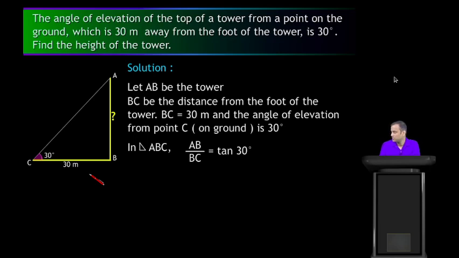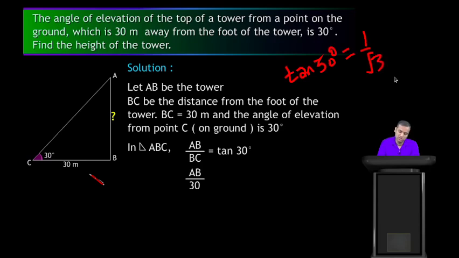So let's put the values. What is AB? It is not given. What is BC? It is 30. What is the value of tan 30? Can anyone tell me? Tell me the value of tan 30 degree. Yes, very good, very correct answer. The value of tan 30 is equal to 1 by root 3.